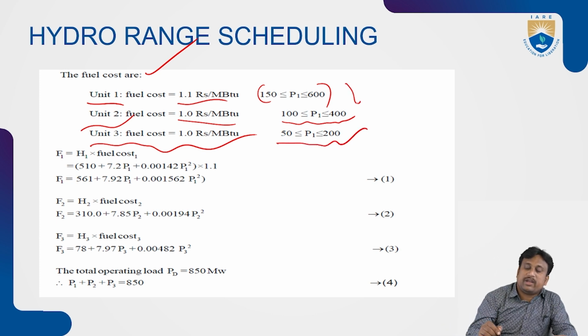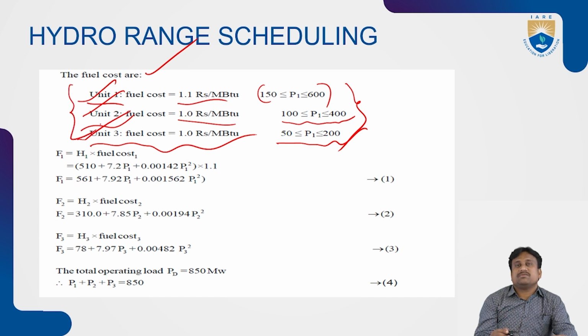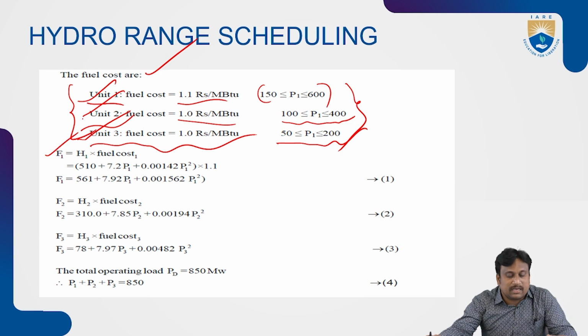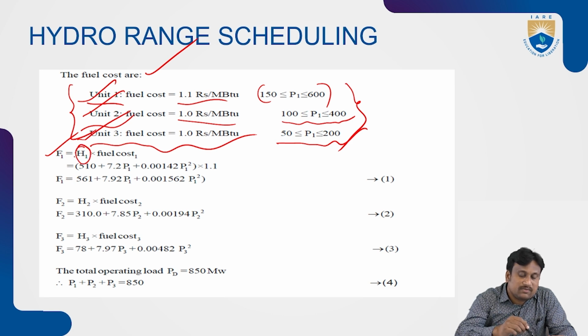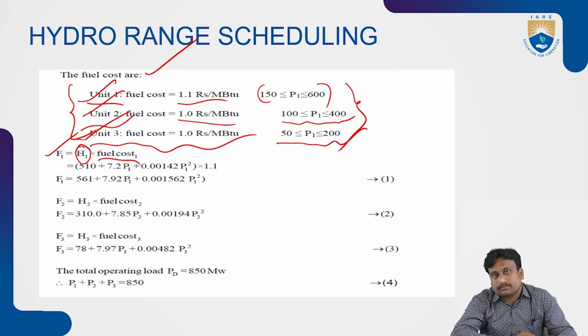So these are the ranges of power demand for the various units, and these are treated as fuel costs for the respective units: unit 1, unit 2 and unit 3. For example, F1, fuel cost 1, is H1 multiplied by fuel cost 1.